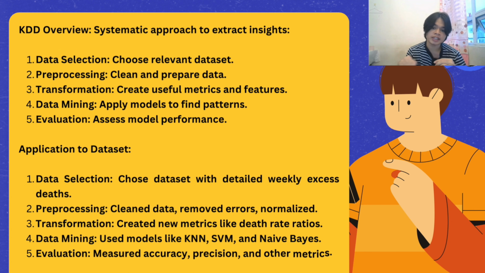In the transformation stage, we create new metrics like death rate variation and week-to-week variations. During data mining, we apply models such as KNN, K-nearest neighbor, support vector machine (SVM), and naive Bayes to find the pattern and predict excess deaths. Finally, we evaluate the model's performance using metrics like accuracy and precision. This process really helps us gain valuable insight into the pandemic's impact on the death rates.